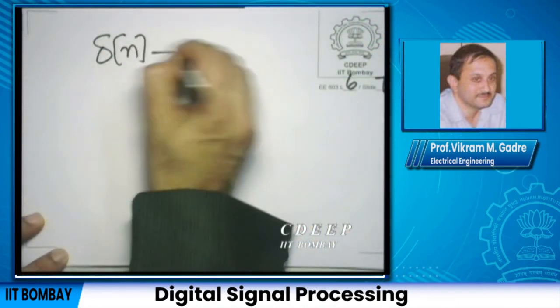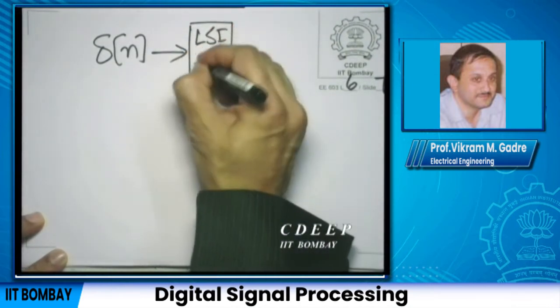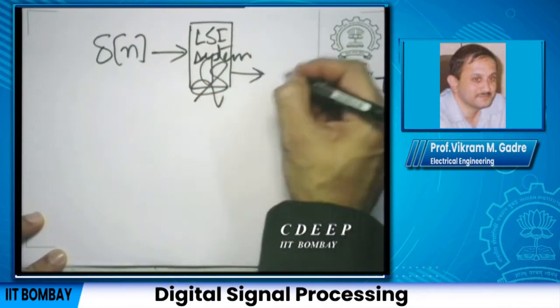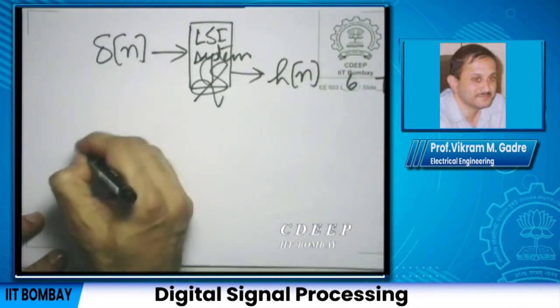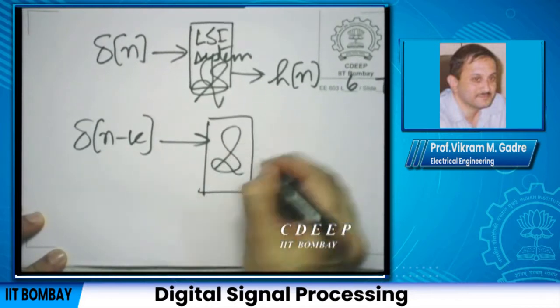So, shift invariance tells us that if I were to give delta n minus k for a fixed k in place of delta n, the only result on the output would be a shift of the same k, and therefore, if delta n produces h n, let us denote the system by S now, if delta n produces h n, then delta n minus k is going to produce h of n minus k.